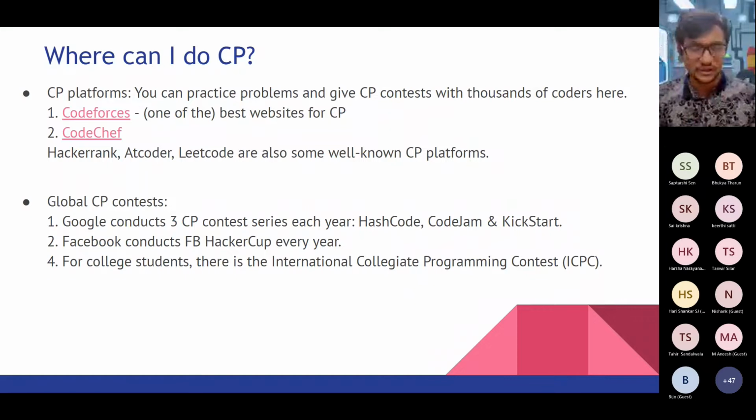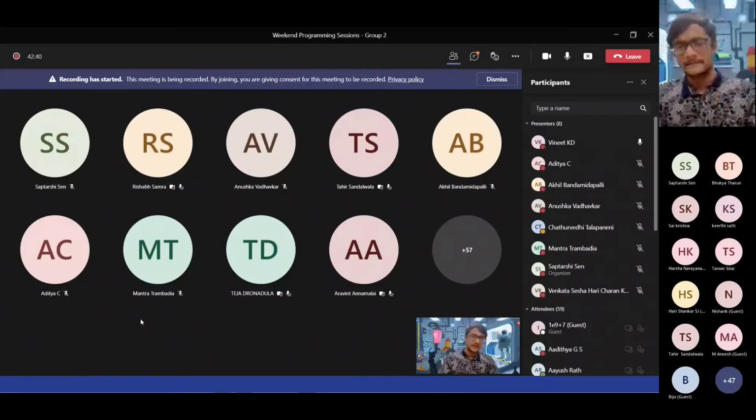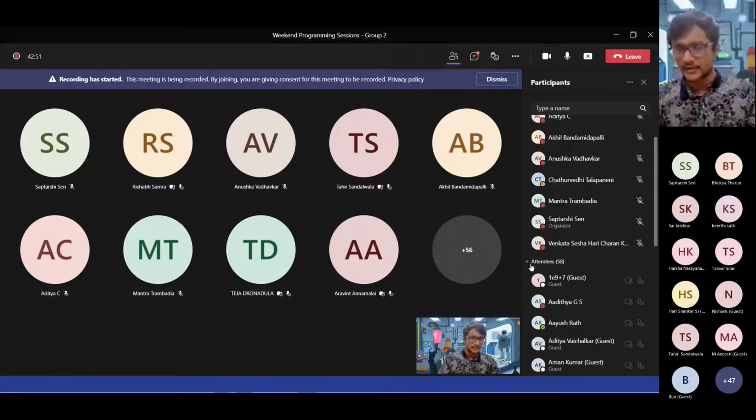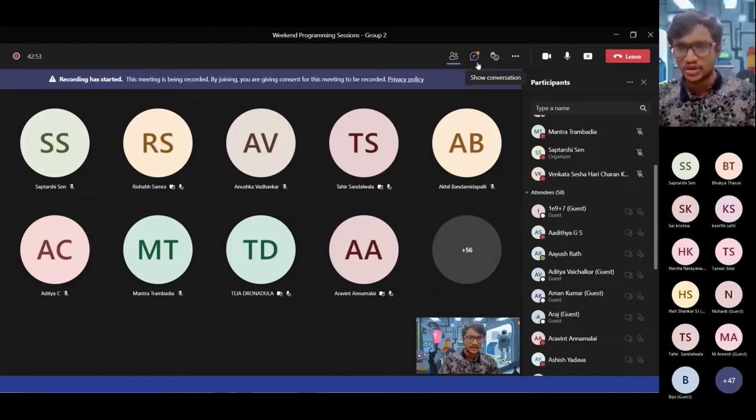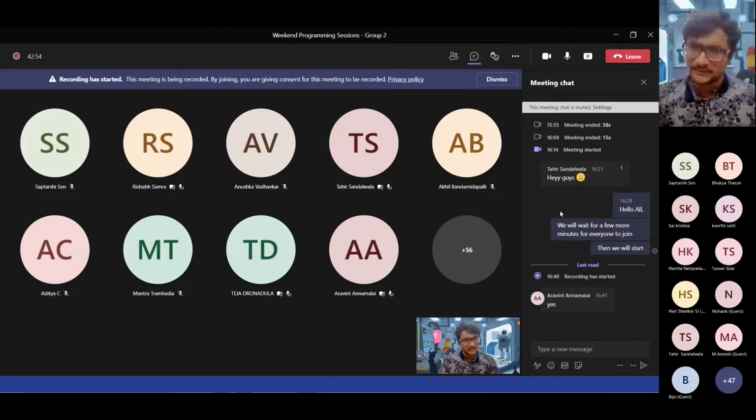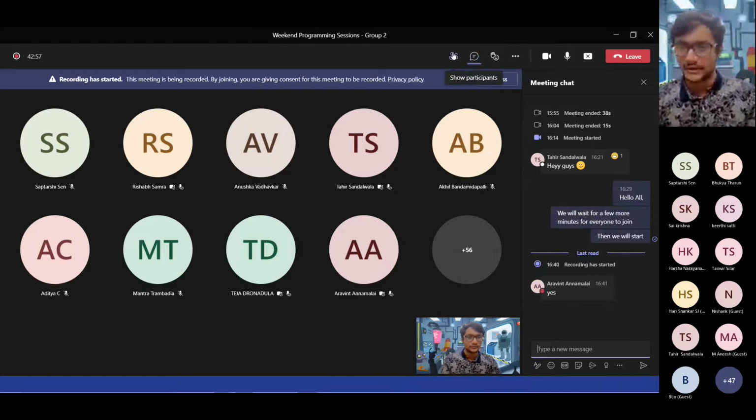I guess this is all about competitive programming and what G2 will be more or less about. I guess you would have got a good idea of it. If you still have any queries, I would recommend you to raise your hand and ask. I can go to chat as well, but it's a bit better if you speak up.